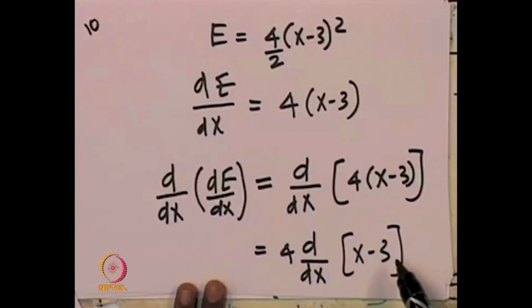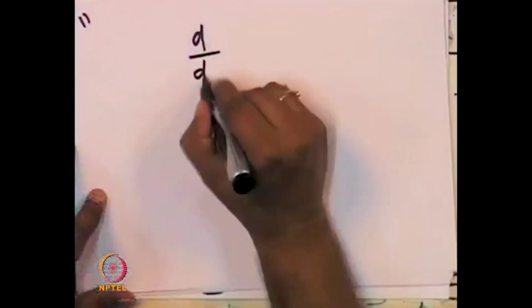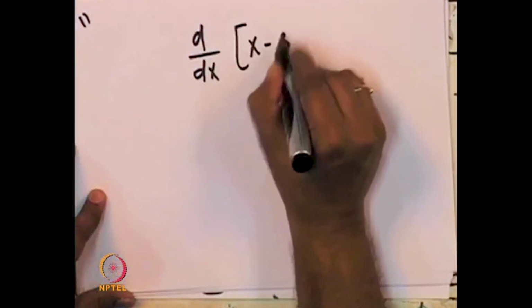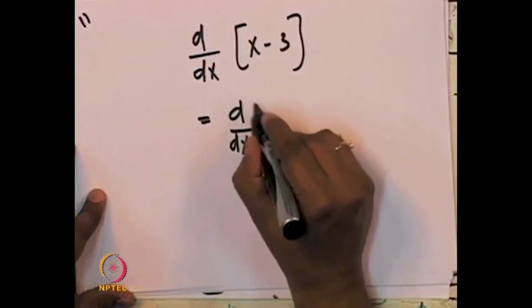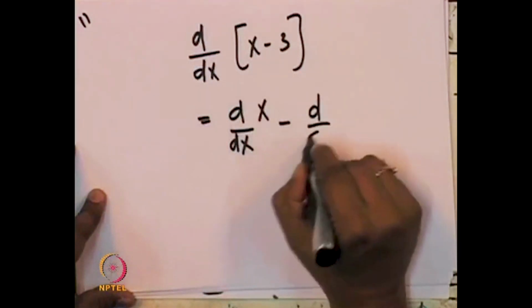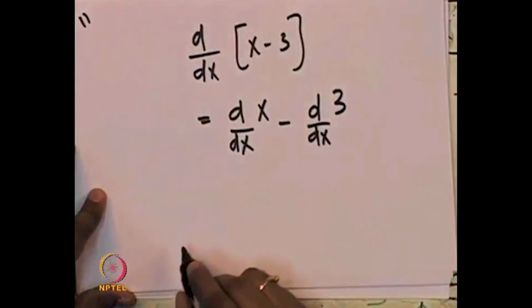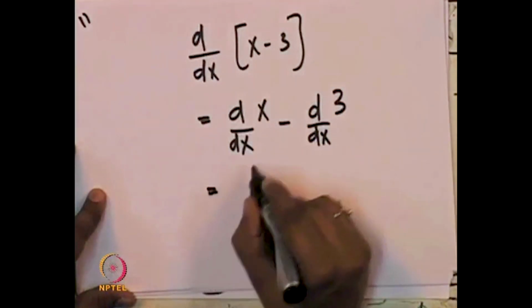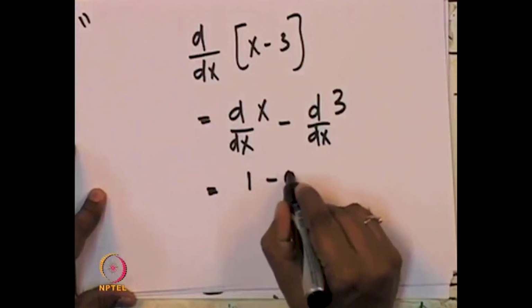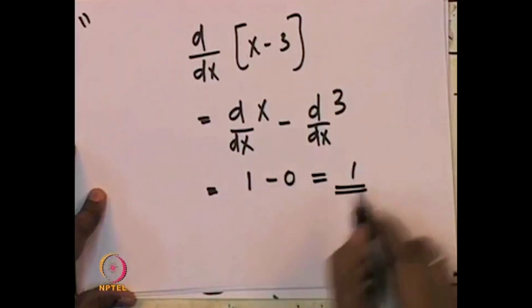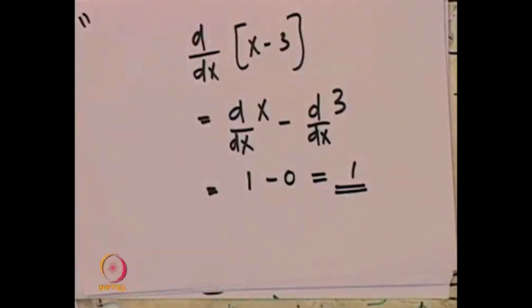Let us convince ourselves: d by dx of x minus d by dx of 3 is 1 minus 0, which is equal to 1.